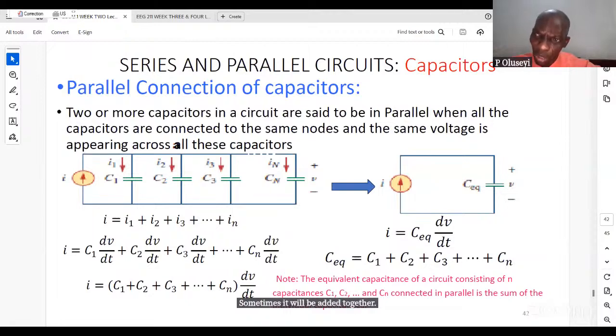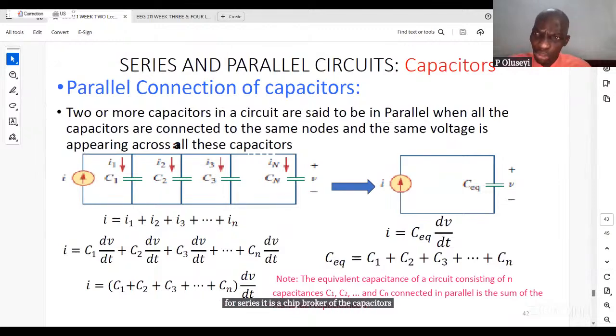Reciprocal is different from the normal value. Reciprocal is 1 over whatever your normal value is, whereas a normal value is the normal value. That's one thing I want you to realize. For series, it is the reciprocal of the capacitance.